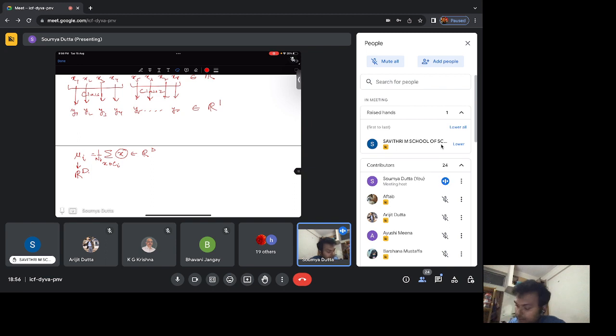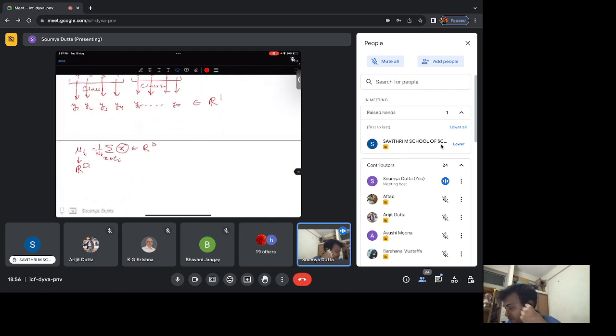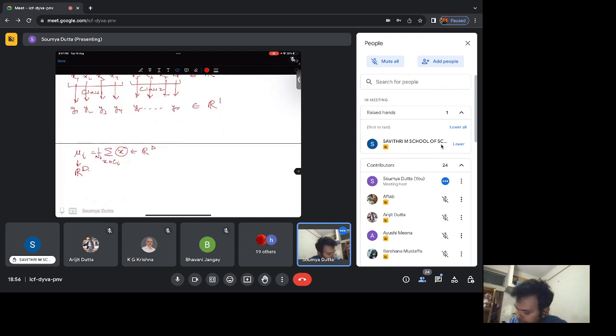There is another thing: the denominator has the variances. When you are talking about vectors, you define something known as covariance, and it is defined as follows.